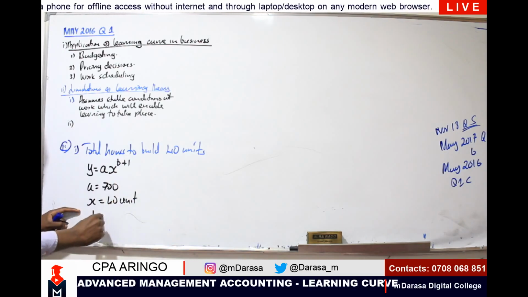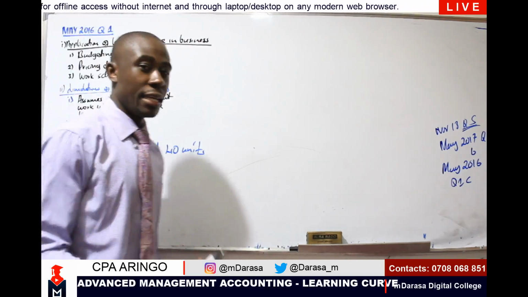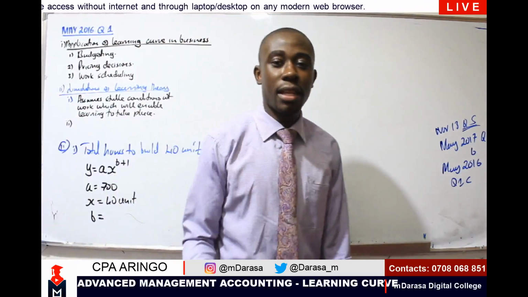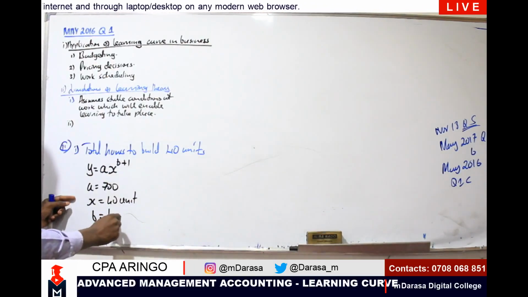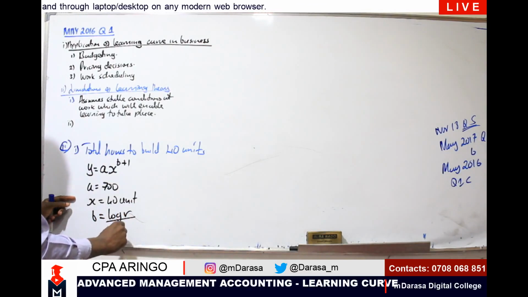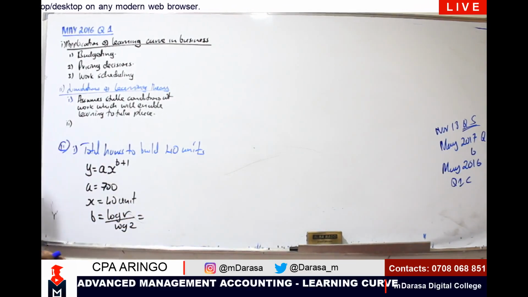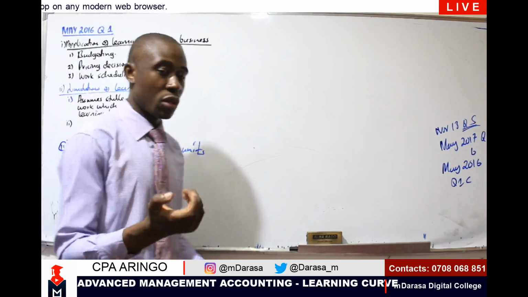B, recall, we mentioned this is a learning index. And to determine the learning index, my good students, if you can recall, we talked of log R divided by log 2. That should give us our learning index. And in this case of ours, the examiner was very good.